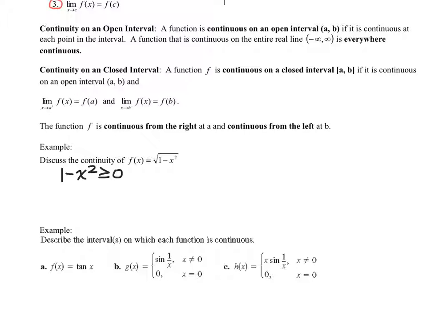We can use common sense. We can use a graph. A lot of different possibilities. You can just, if you want, it's a binomial. Subtract the 1. Get negative x squared greater than or equal to negative 1. Divide: x squared less than or equal to positive 1.